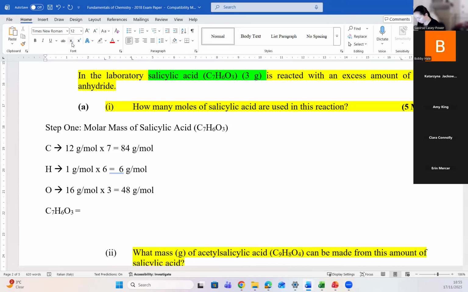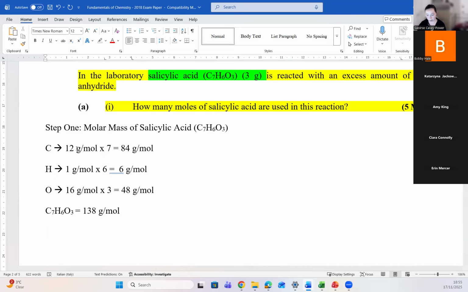Our total molar mass then will be 84 plus 6 plus 48, which is 138 grams per mole. All right, so that's your step 1 there, done and dusted.